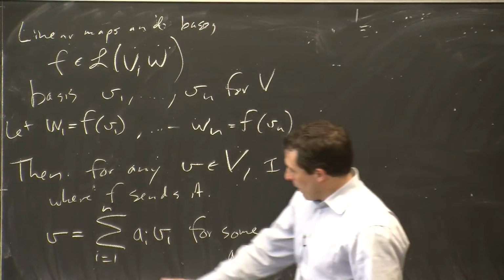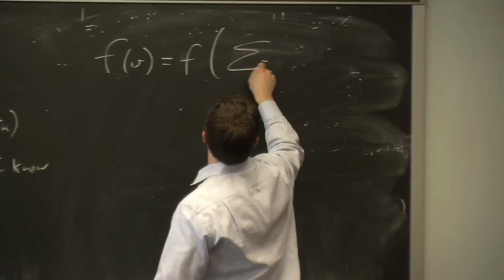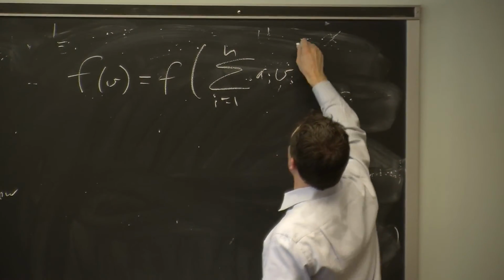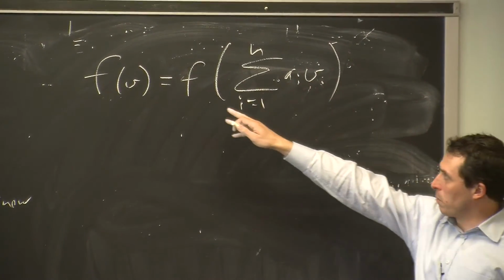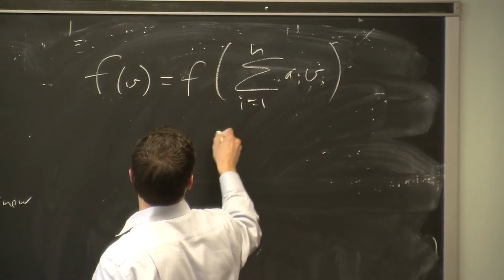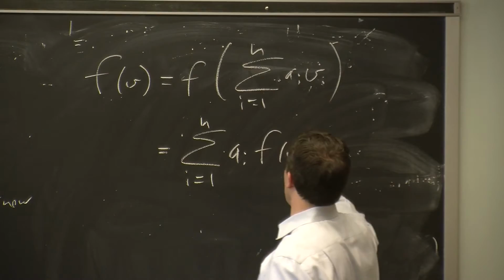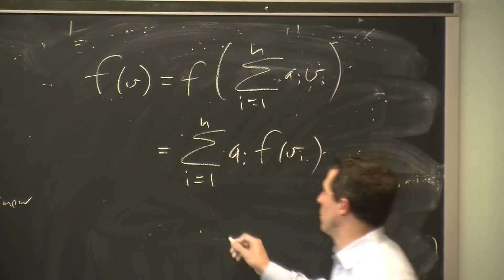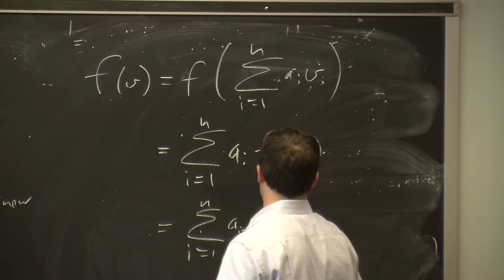But F is linear, so I apply F to both sides of this equation. And remember, one of the characterizations of being linear is to say that I can push F through any sum, and I can push it through any scalar multiple. So that is equal to the sum from i equals 1 to n of a_i F of v_i. And we took a name for F of v_i, which was w_i, so it's the sum from i equals 1 to n of a_i w_i.